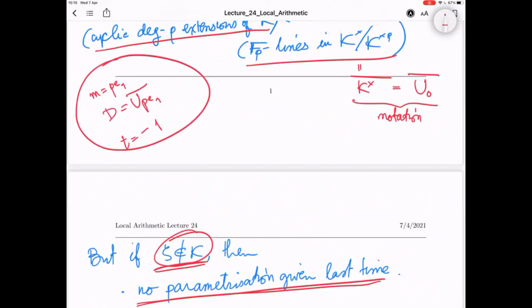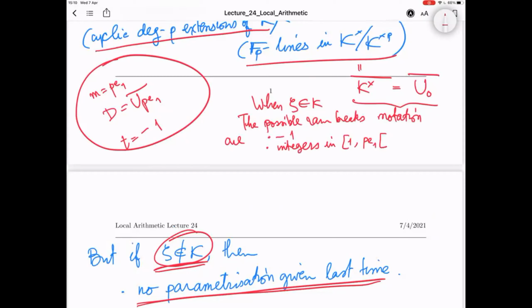Here, the ramification breaks. This was when zeta is in K. The possible ramification breaks are -1, the integers in 1 to PE1 which are prime to P, and PE1 itself is a ramification break, right?